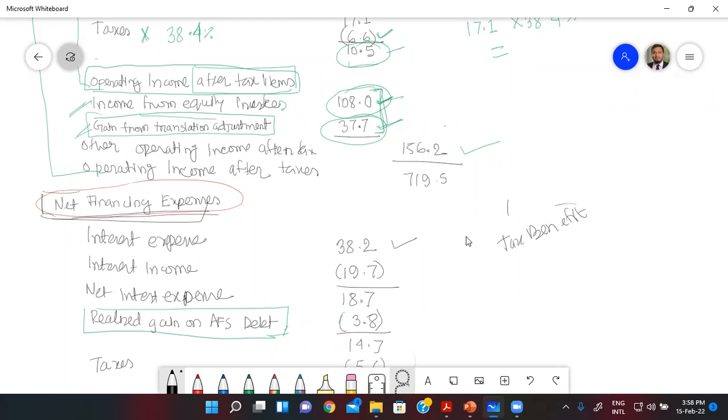We'll calculate the tax benefit. When the net interest expense is a positive amount, a positive tax benefit is available. And if the net interest expense is not a positive amount, or net interest income is a positive amount, you will see the tax benefit is not a positive amount, tax benefit is a negative amount, right?